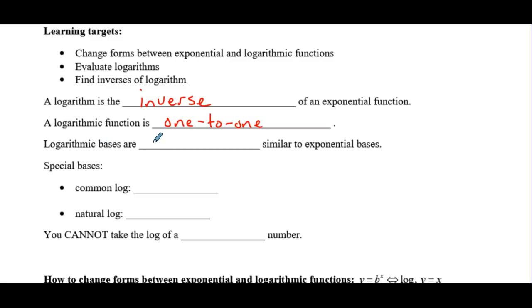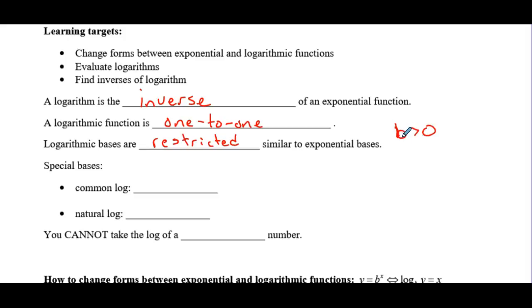Logarithmic bases are going to be restricted similar to the exponential bases. If we can remember what those restrictions are, I know that b has to be greater than 0. I can't have a base b of 0 in exponentials, and I can't have a base b of 0 in a log.